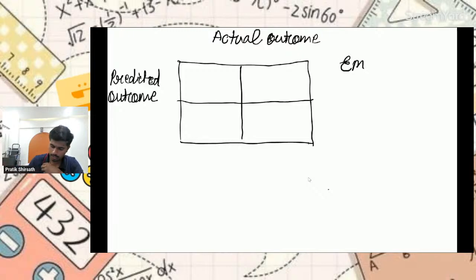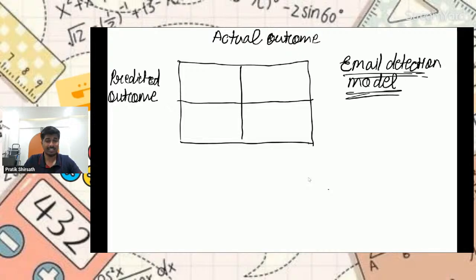Now, what does this email detection model do?